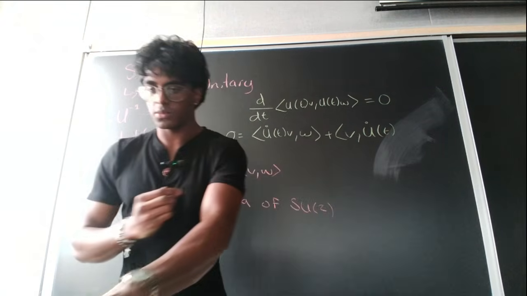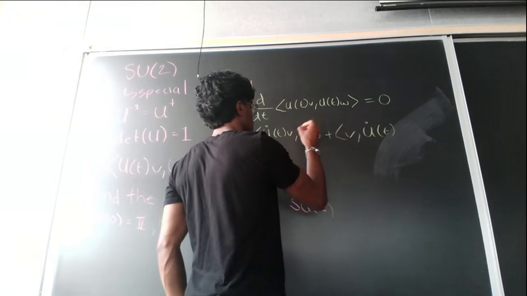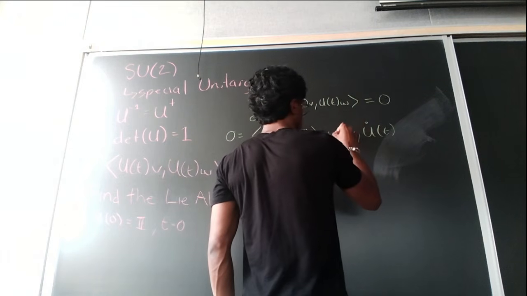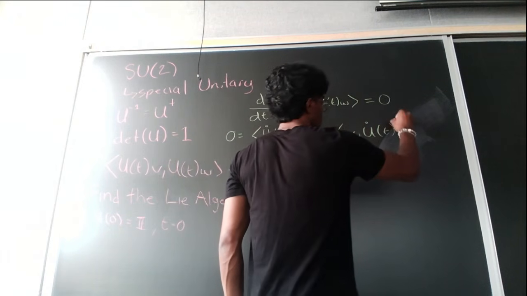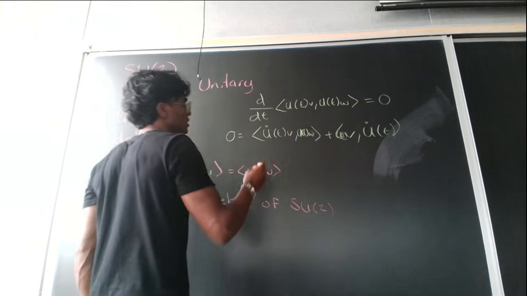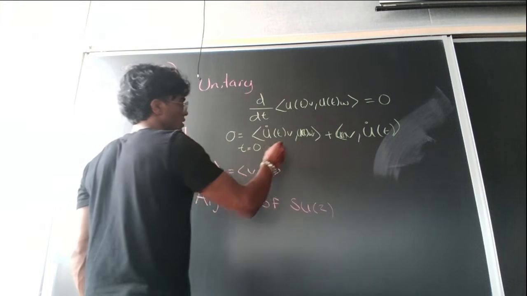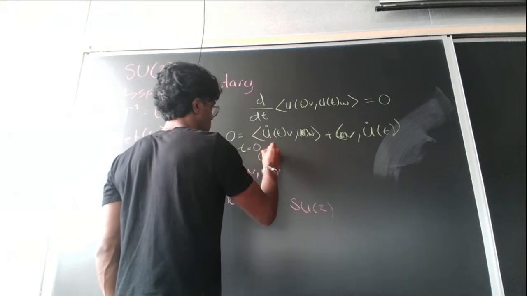Wait, I skipped a step. Whoops. Yeah, and then we can look at t equals 0. So at the identity, and then this is just going to become w.